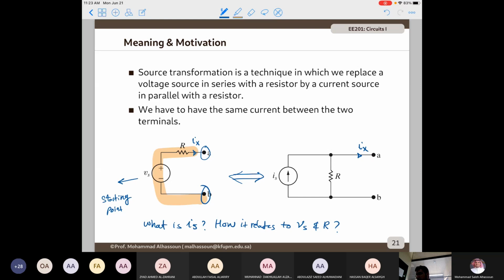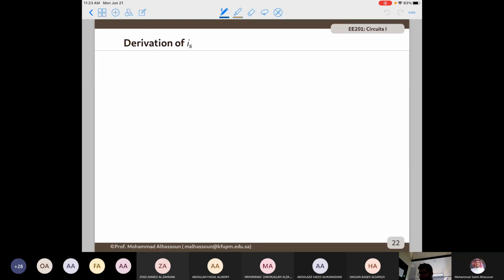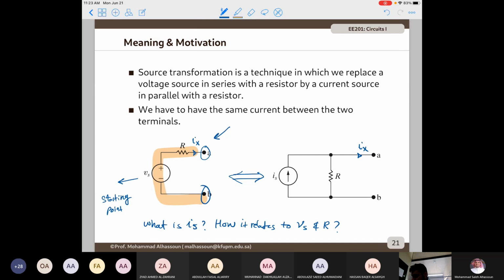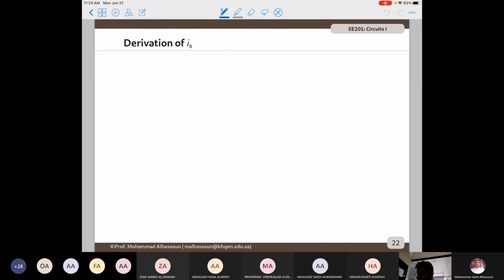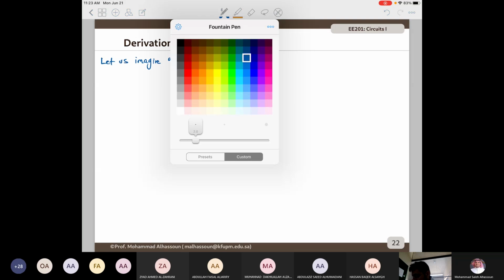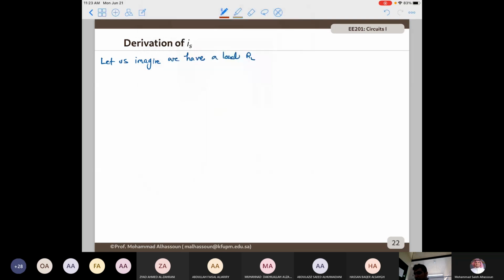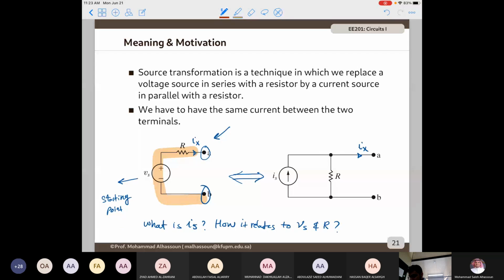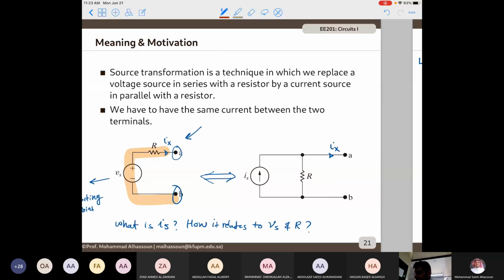So let's try to derive it. Let's imagine we start with this circuit, and we have a load RL. We want to connect RL to this circuit, the voltage source in series with a resistor.